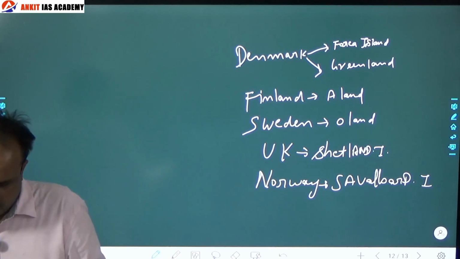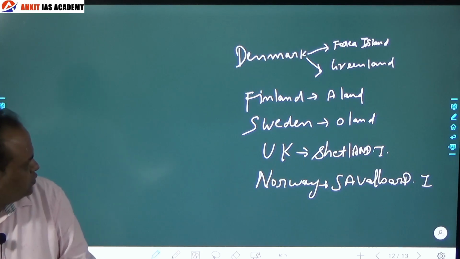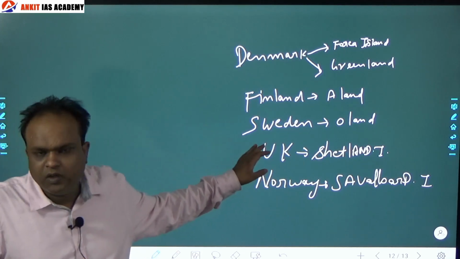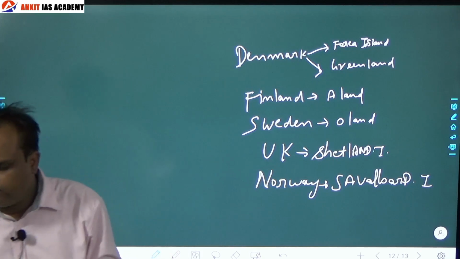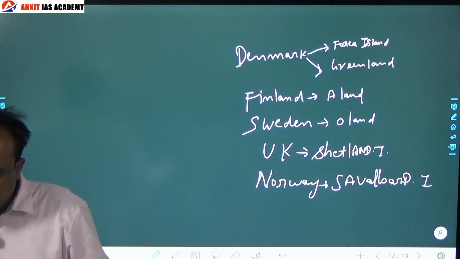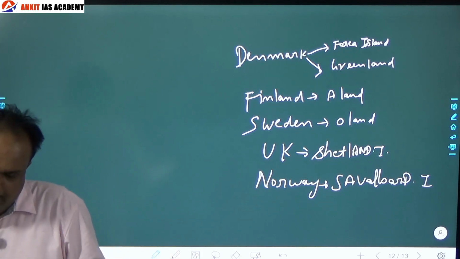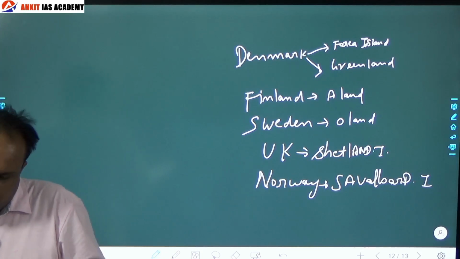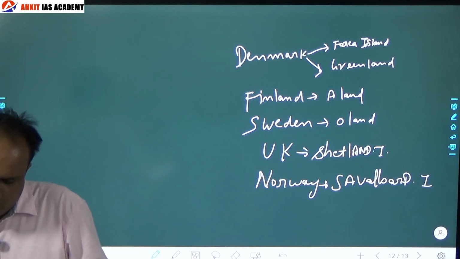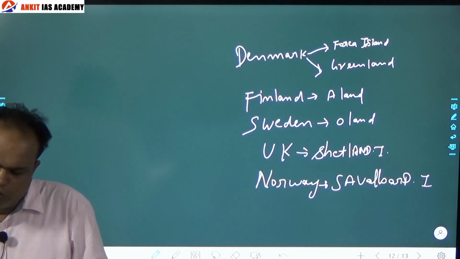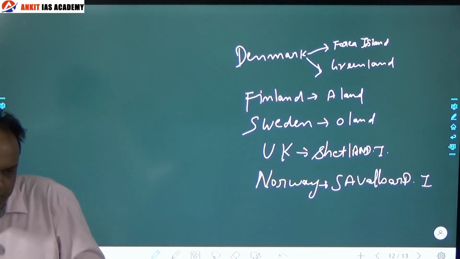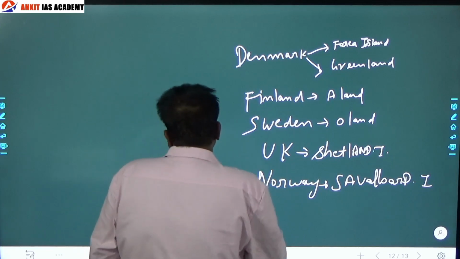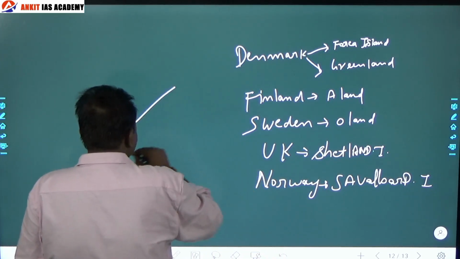Highlight all these islands. Åland is located nearby Baltic Sea. To the north of Baltic Sea, there is Åland. To the south of Baltic Sea, there is Öland. Gulf of Bothnia is also located to the north of Baltic Sea. This is the Baltic Sea.